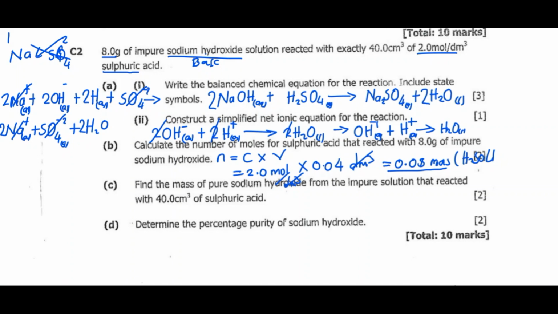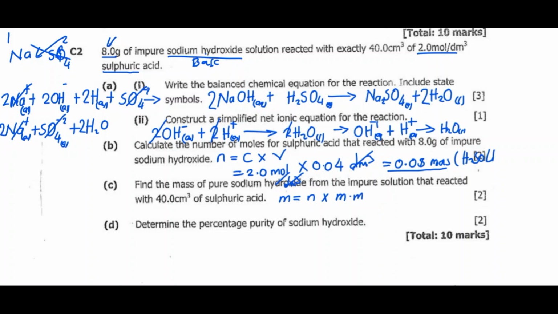Okay, so how can we find the mass? Let's ignore that we don't have this mass here. We know that mass is equal to number of moles times the molar mass.